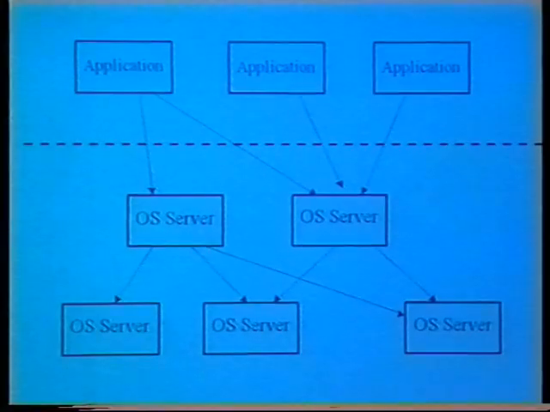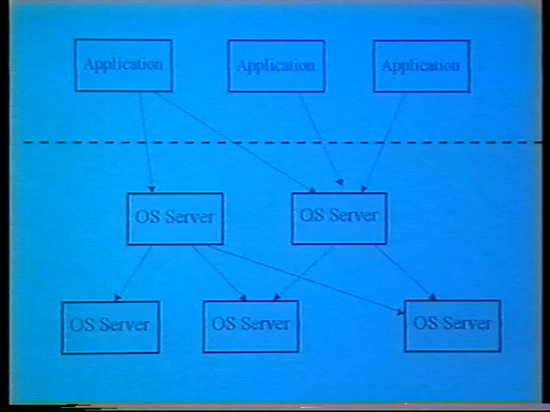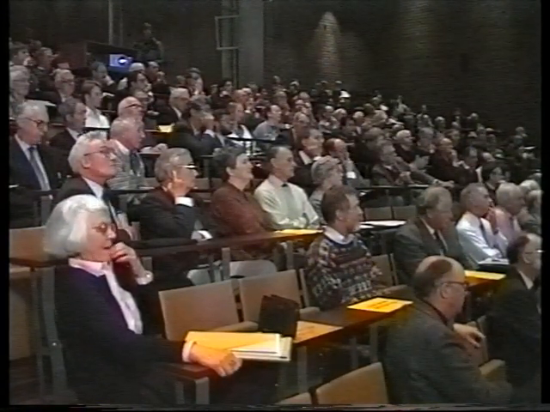We have, above the black line, applications sharing a processor on which there's an operating system. The operating system below the line consists of a number of modules. Each of these boxes, whether they be applications or modules in the operating system, have been handed resource in order to carry on their tasks, and the applications call on the lower levels inside the operating system to do things on their behalf.